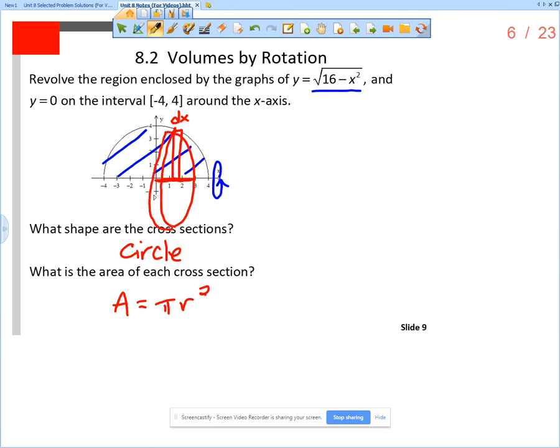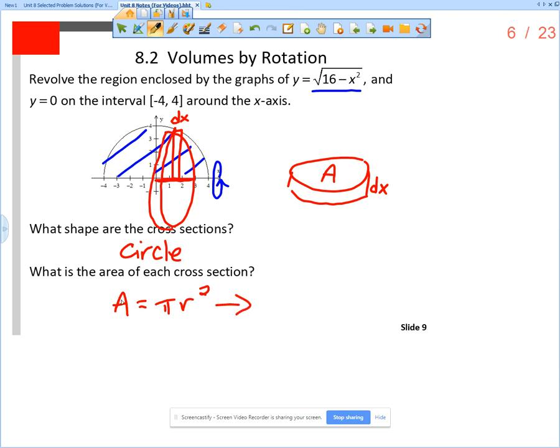Now, it's like a coin or a disc or something like that. But technically, if you draw it on its side, we look at it, it's actually a cylinder, isn't it? So how do we find the volume of a cylinder? We take the area of the base and multiply by its height or its thickness, which is actually dx.